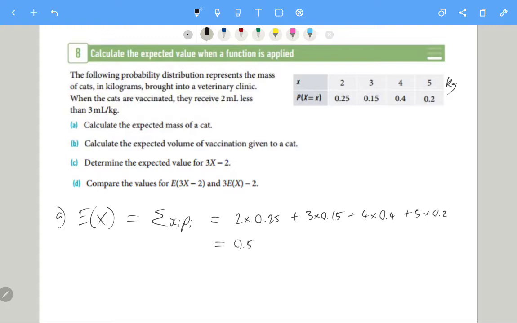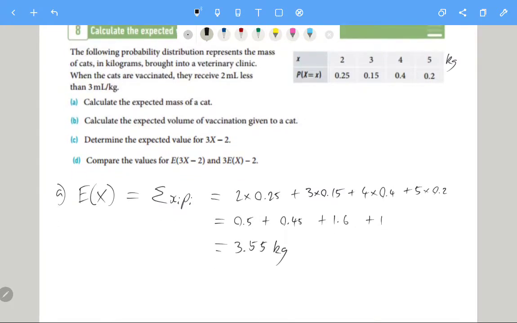So that's 0.5 plus 0.45 plus 1.2, 1.6, and plus 1. So we've got 2.6, 3.05, 3.55. So the average mass of a cat, or the expected mass of a cat, is 3.55 kilograms.